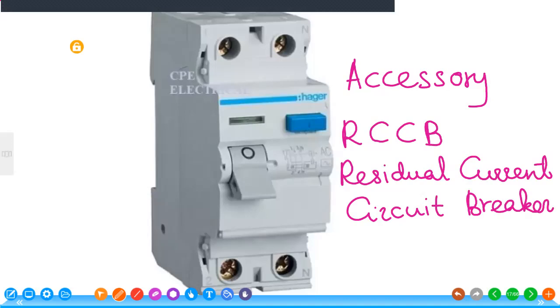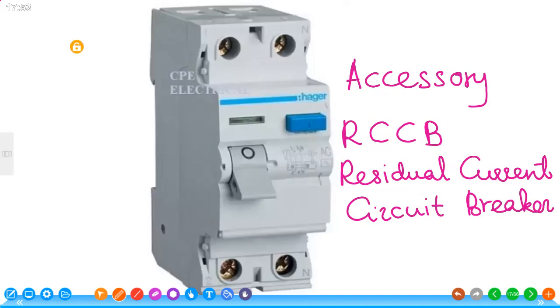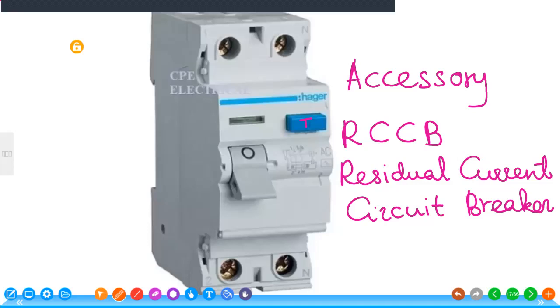Then inside this we find two electromagnets. Whenever there is residual current, a current leak that goes to the earth through an appliance or through a person, through a consumer, then what will happen? The switch may turn off automatically. And you have studied that there's a test button here.